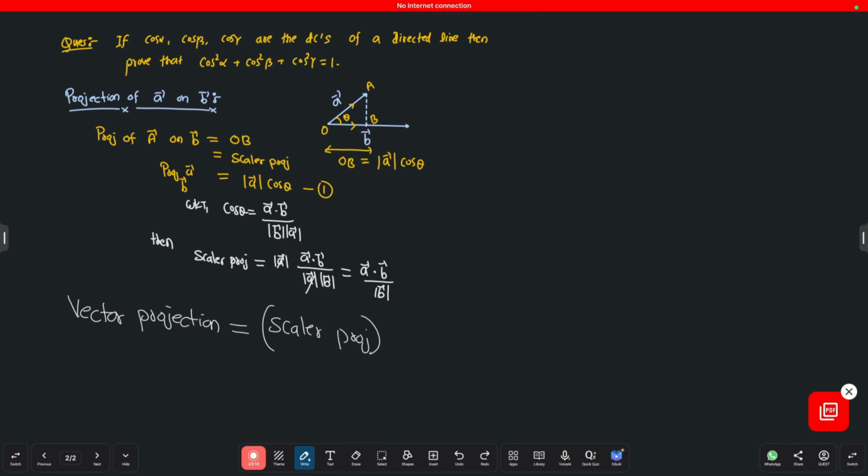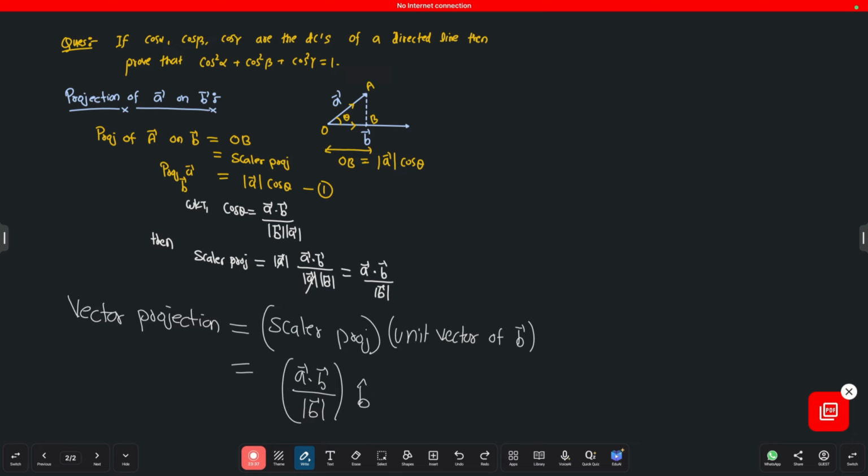And how to denote a unit vector? With a cap. The scalar projection value is A dot B upon mod B, and the unit vector means B cap.